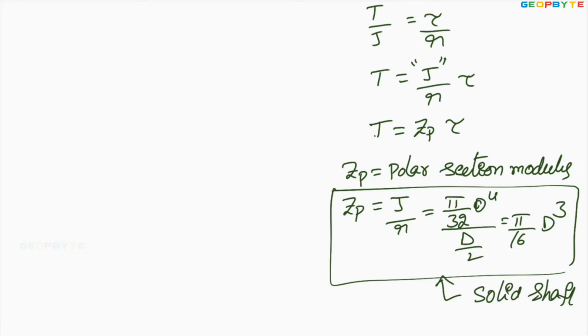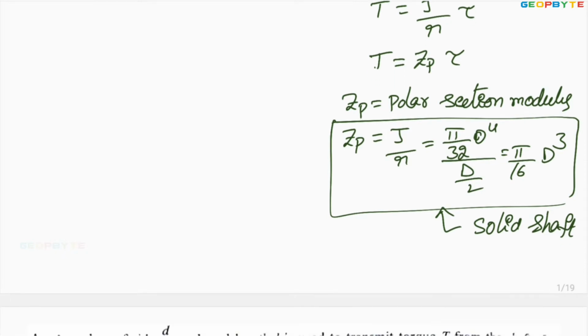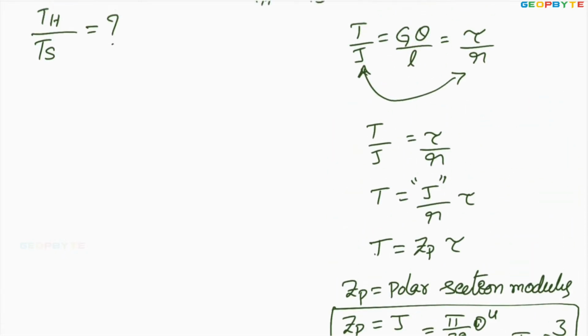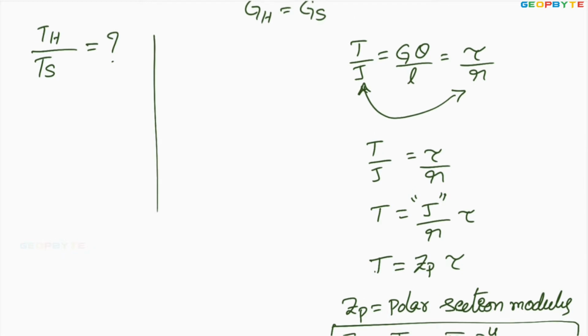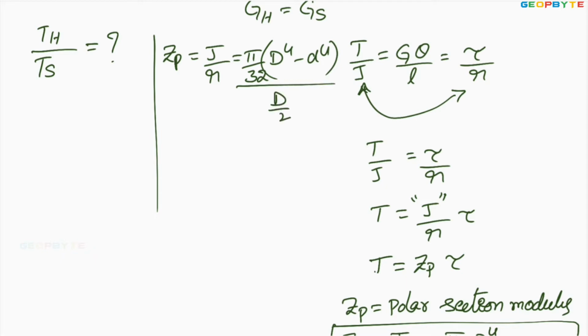Similarly, for the hollow shaft, Z suffix P for the hollow shaft equals J by R only, but J equals pi by 32 into capital D power 4 minus small d power 4, and R equals capital D by 2. Simplify this value.